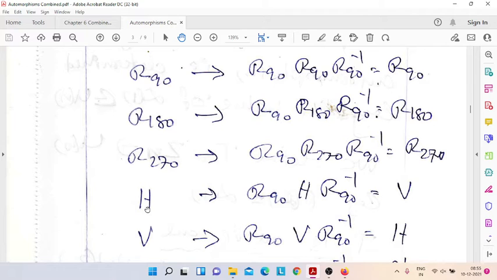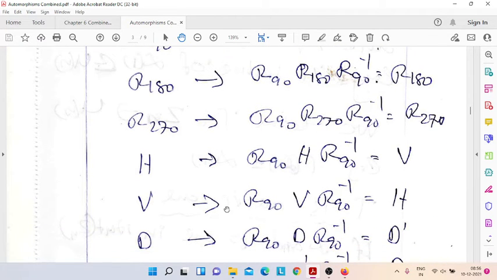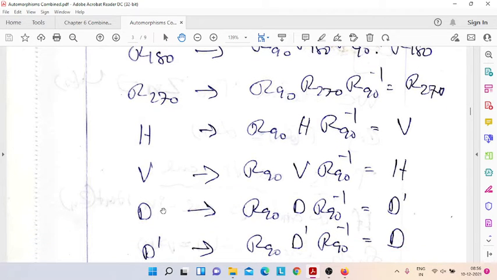But if we take the element H, then R90 H R90 inverse equals V. And when V is used, R90 V R90 inverse gives us H. When D is the element, then R90 D R90 inverse equals D prime.